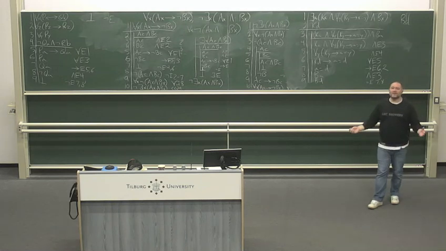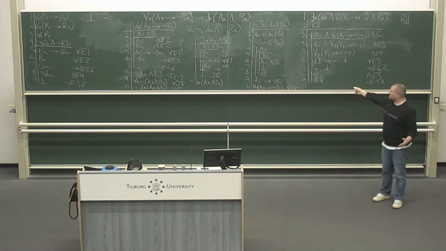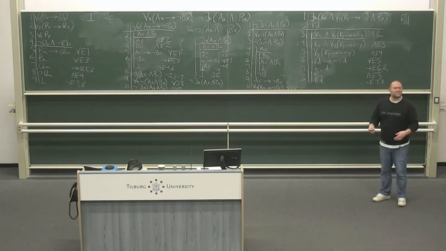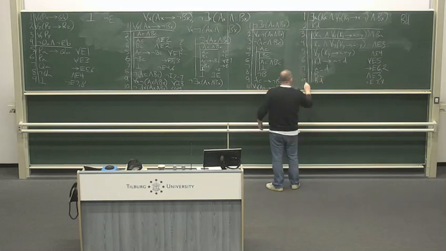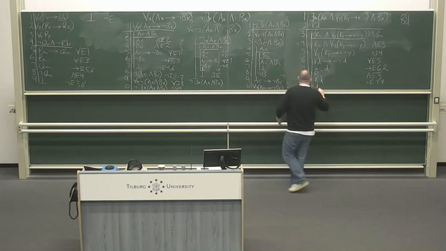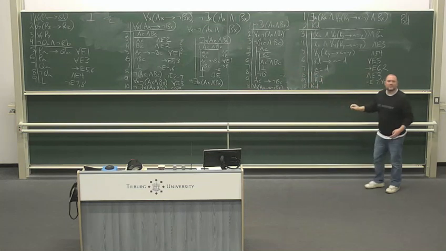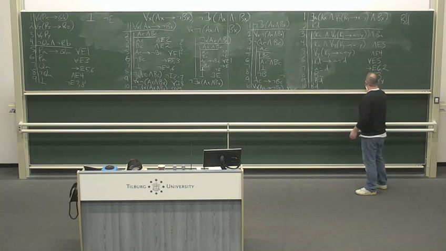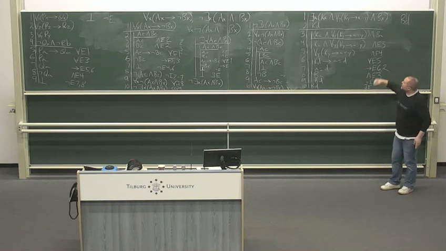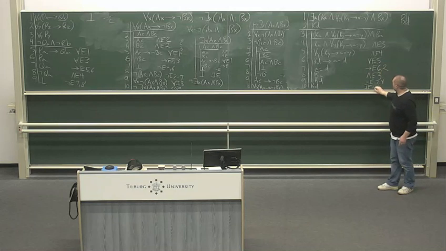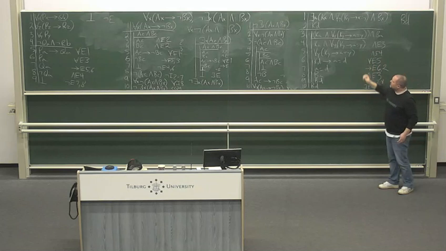But now here's the really neat thing. Does sentence 9 feature our arbitrary name? It's gone. A is gone. So we can extract this one line to the left through existential elimination. We use the existential in line 1, and our subproof for the arbitrary name is 3 through 9.